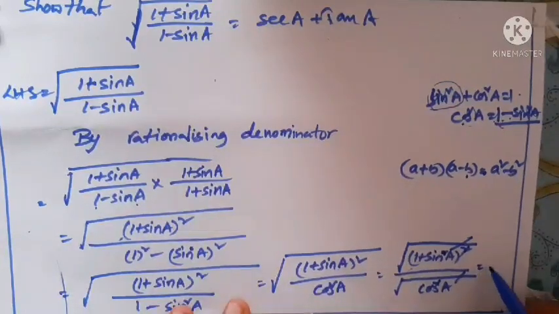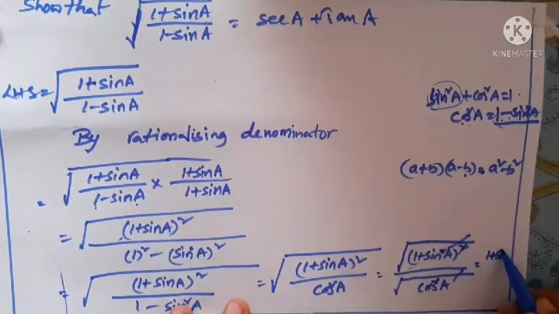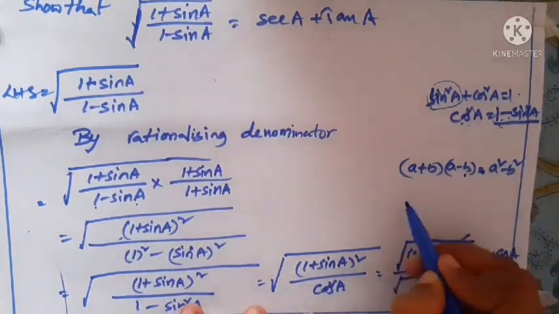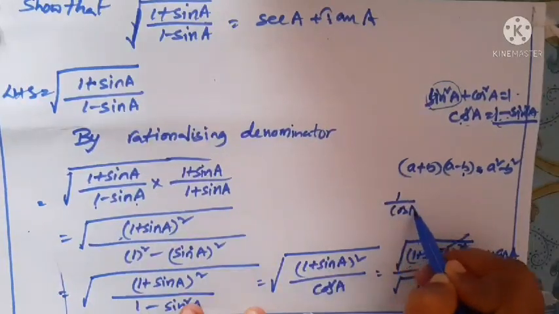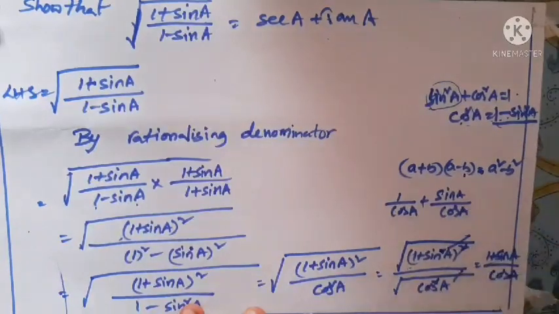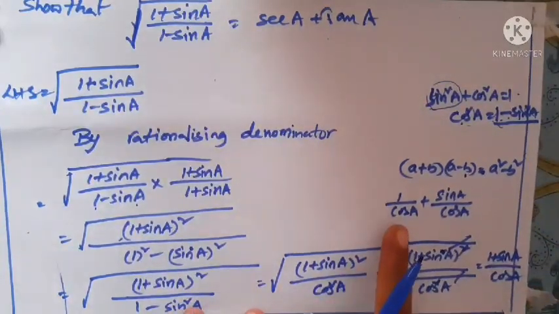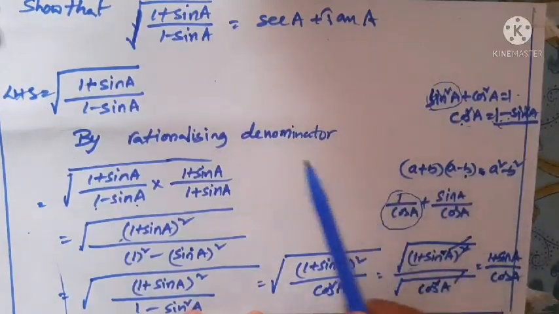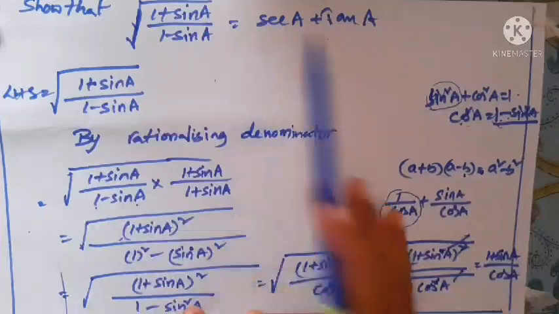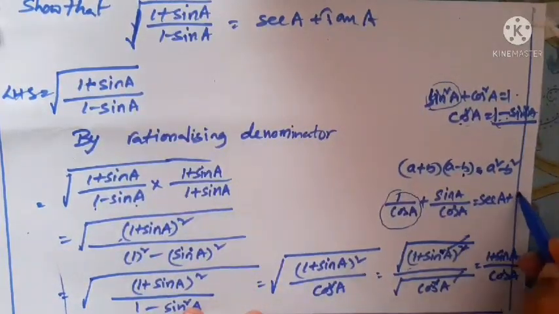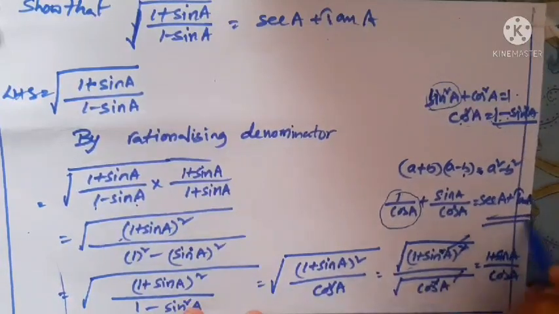You get 1 plus sin A by cos A. So this is 1 by cos A plus sin A by cos A. You know that 1 by cos A is the inverse of cos A, that is sec A. Sin A by cos A is tan A. Then you will get sec A plus tan A.